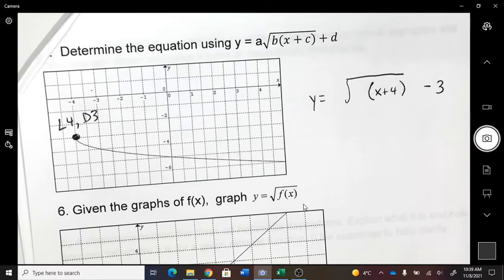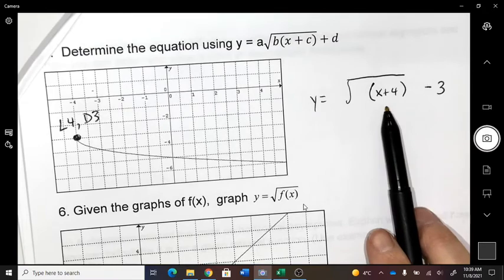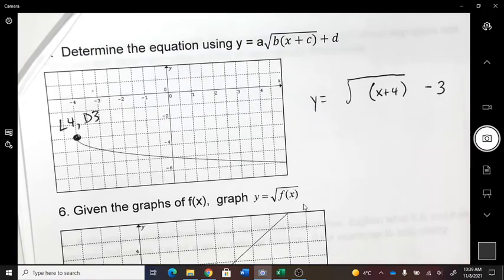Do we see those things happening? Left 4, down 3. Right? The C part and the D part.